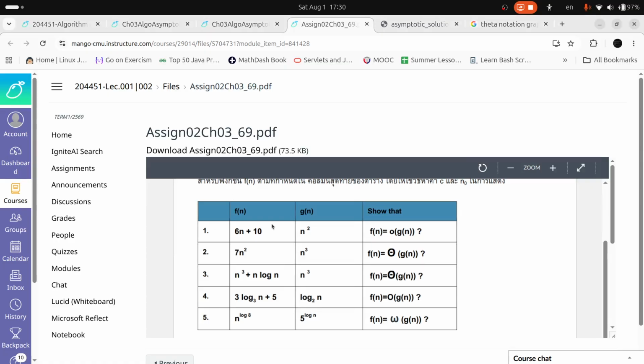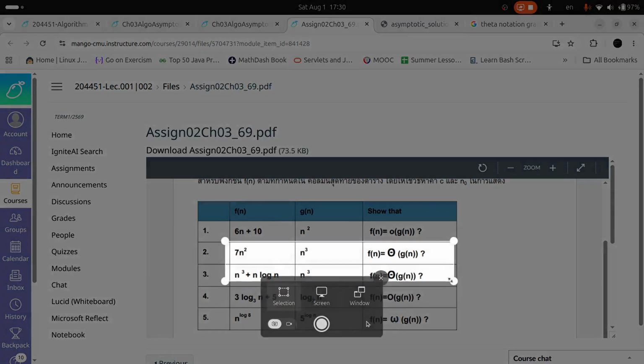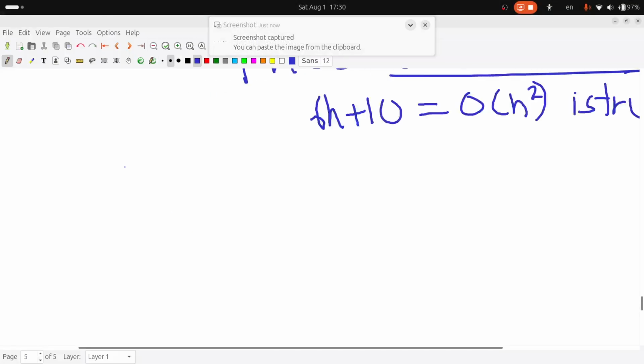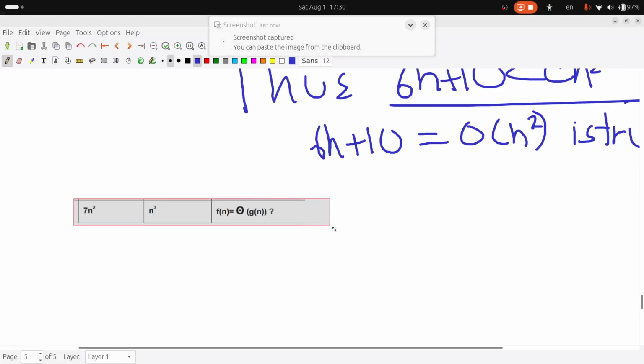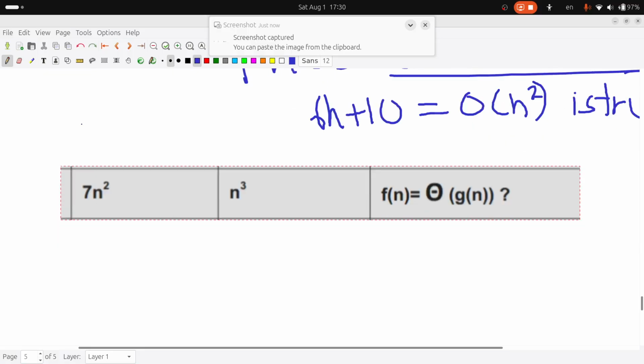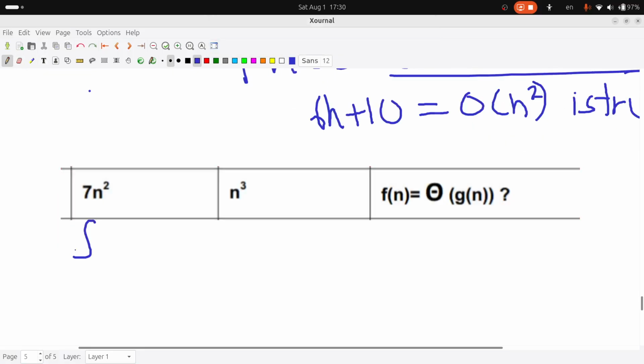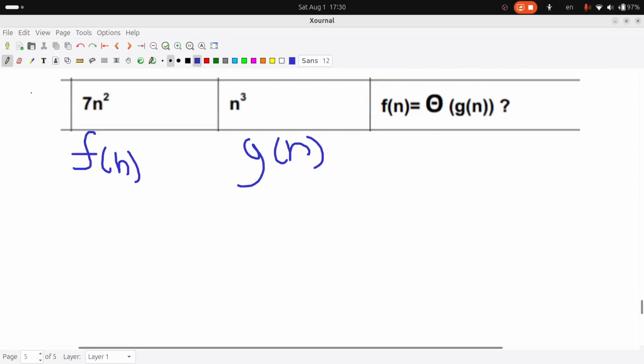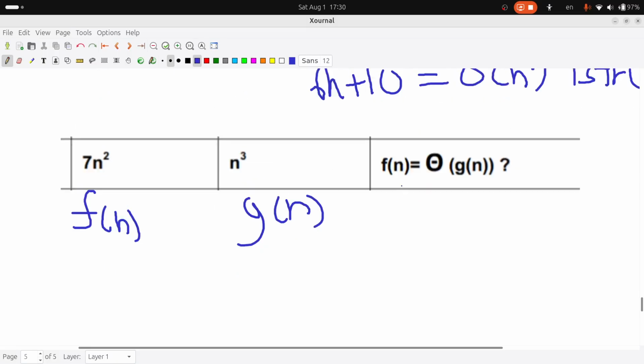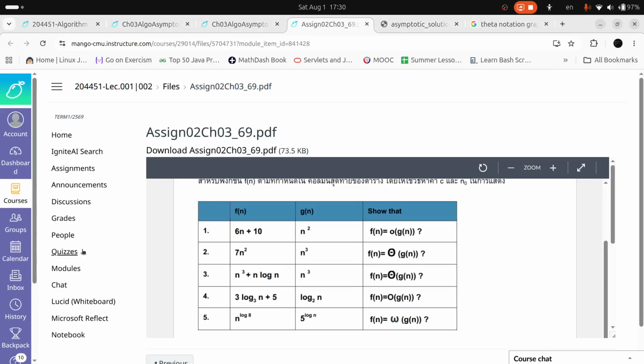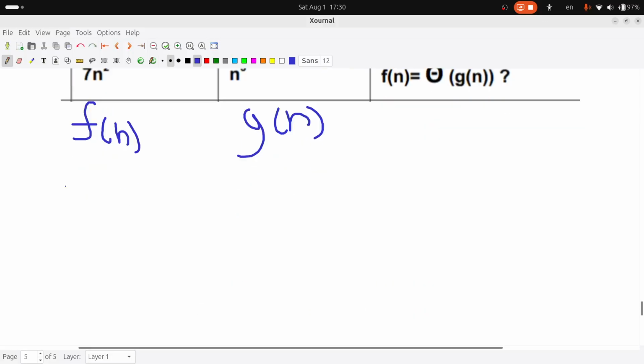So the next problem is this one. For this one, fn is 7n squared and gn is n to the power of 3, and we have to prove that fn is theta of gn. We write it the same way as for the first and second problems.